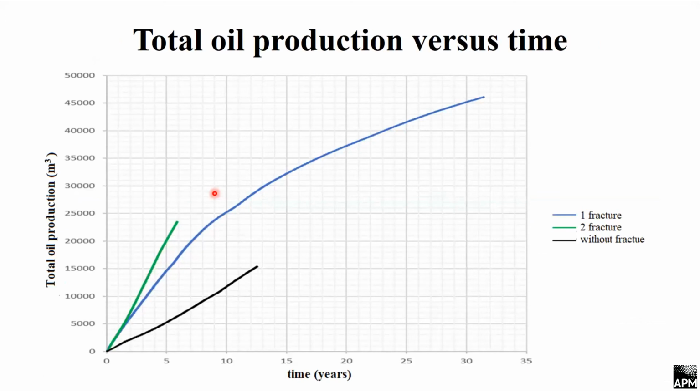And it can be seen that after 5 years of field exploitation, the total oil production is 3 times more in the presence of 1 fracture and about 4 times more in the presence of 2 fractures compared with absence of fracturing.